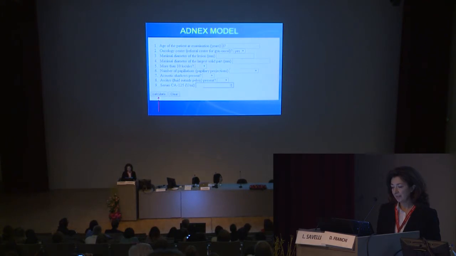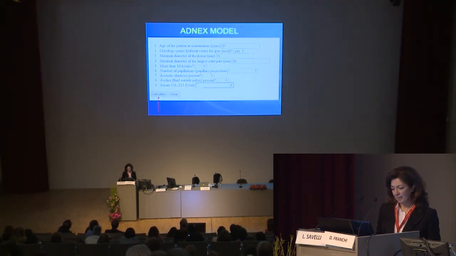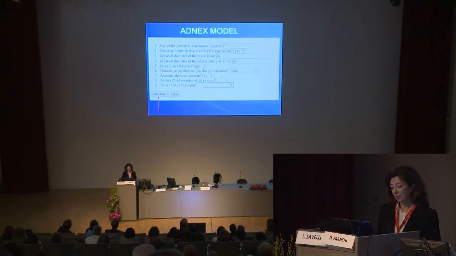The age was 36, so 37. Oncological center, yes. Diameter, 74. The maximum diameter of the largest solid portion, 38. No more than 10 locules. Papillations, no. Acoustic shadow, no. Ascites, no. CA125, 258.